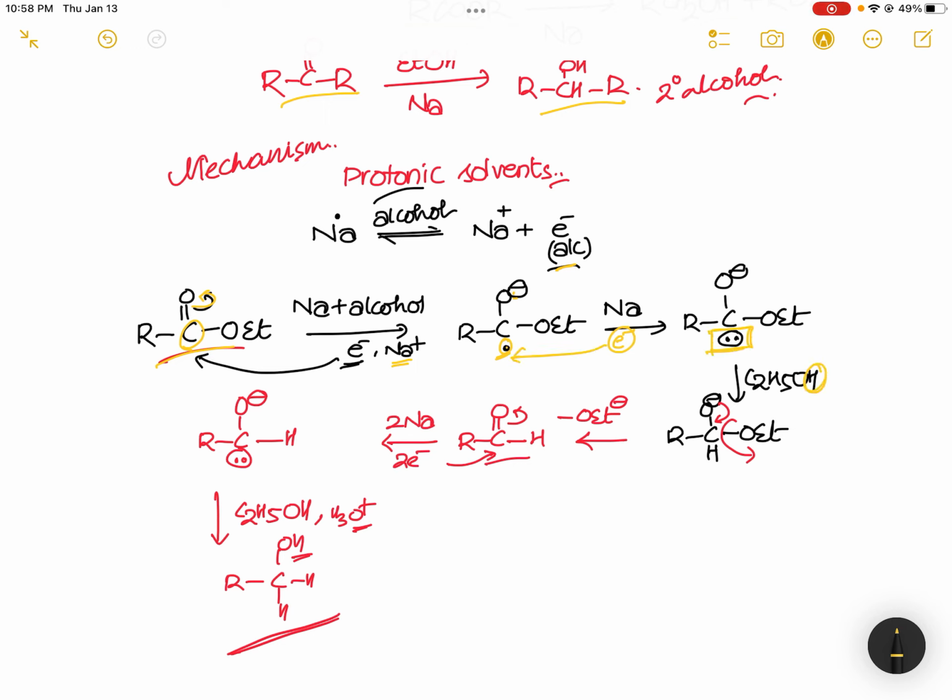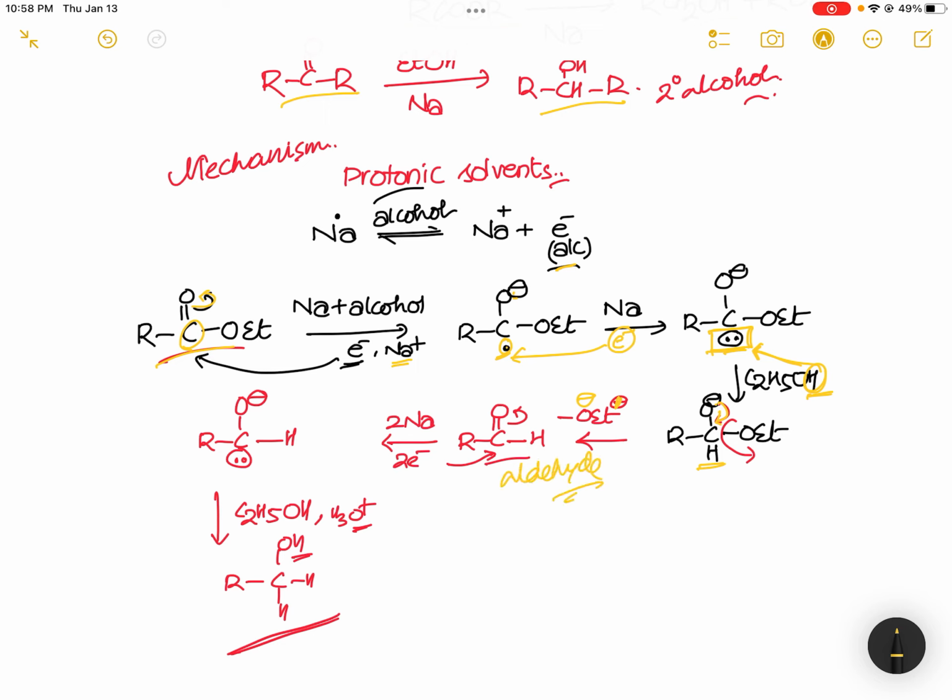When you're adding alcohol, as we know that is protonic, it produces a proton, and the proton is added here. And when this oxygen's negative charge comes back, OEt is a good leaving group, so OEt minus is out. You can show your negative charge. Then it became an aldehyde now.